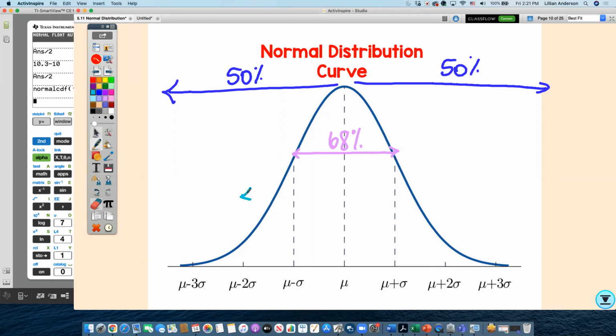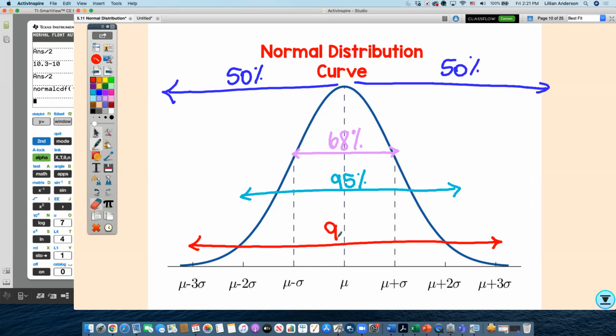From 2 standard deviations to 2 standard deviations, that is 95% of your data. And then from 3 standard deviations to 3 standard deviations, that is 99.7%. Now, yes, these are approximations, and these are the approximations that you'll want to use if you ever have a normal distribution problem that is non-calculator.